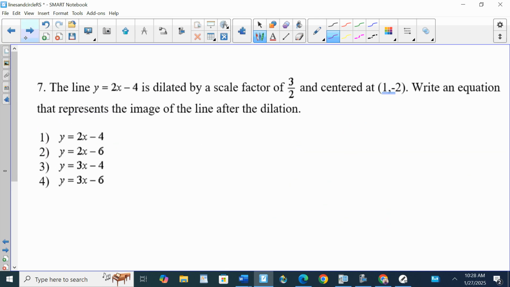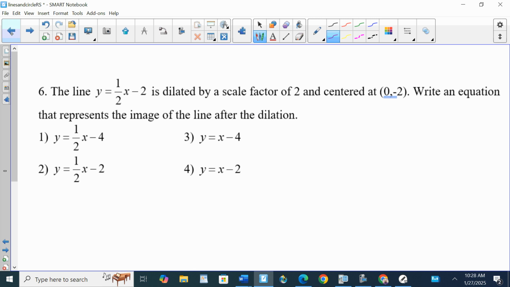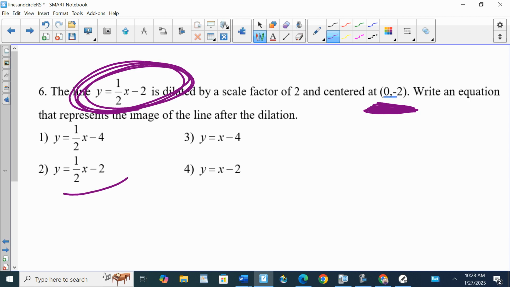If it's centered not at the origin, then it's the same line. If it's centered not at the origin, it is the same line.